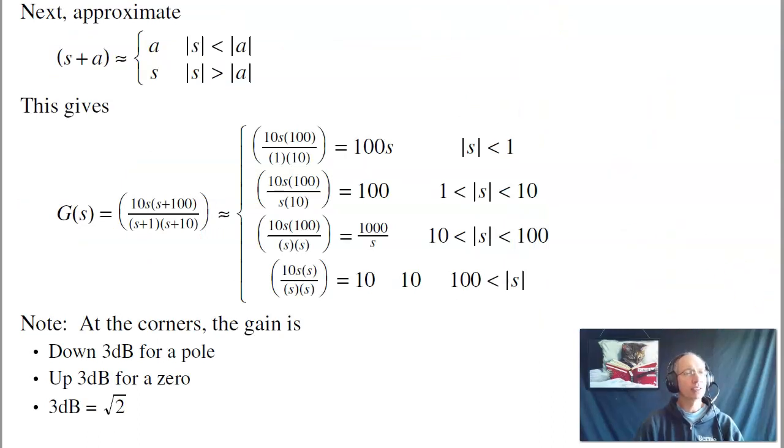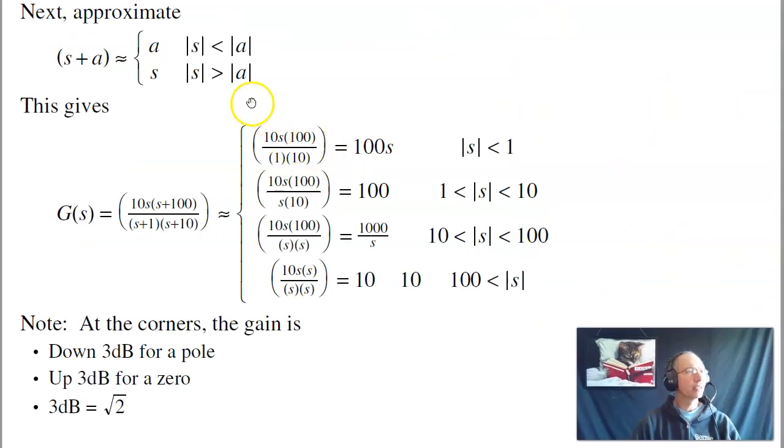So next, we'll do the Bode approximation. The Bode approximation says, given a term like s plus a, that's going to be roughly a when s is less than a, and s when s is bigger than a. What that does for you is, given the transfer function, I split it up into regions.